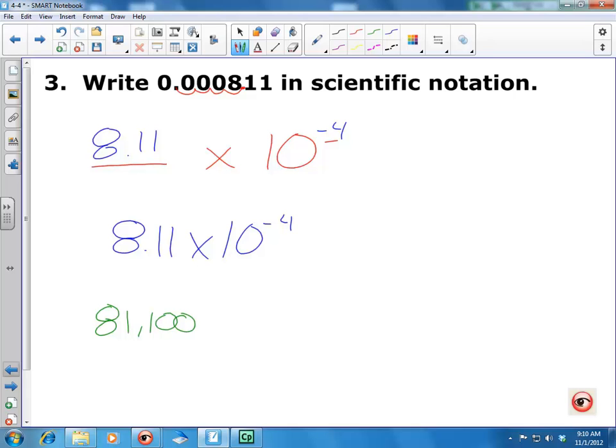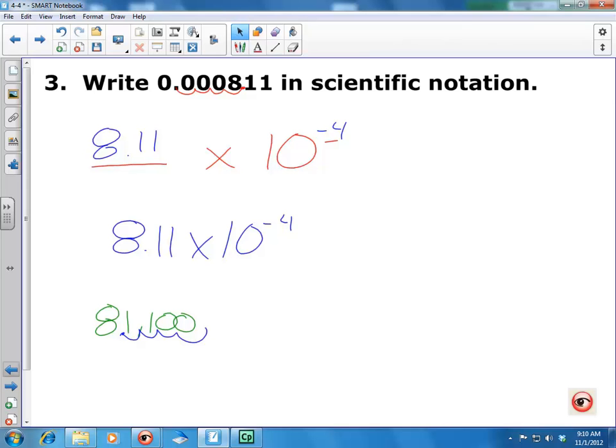In between the 8 and the 1 again, right? The only difference is I have to move it over 1, 2, 3, 4 times. So instead of this right here, it's going to be 8.11 times 10 to the +4 power. So be careful on that. But the process is the same, and I think that you guys can do well on that.